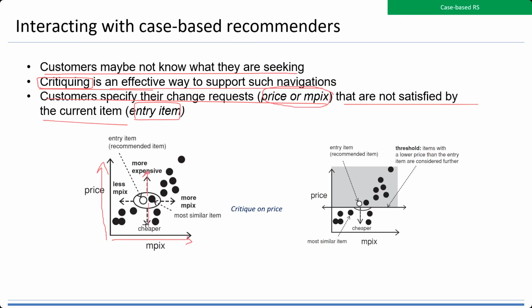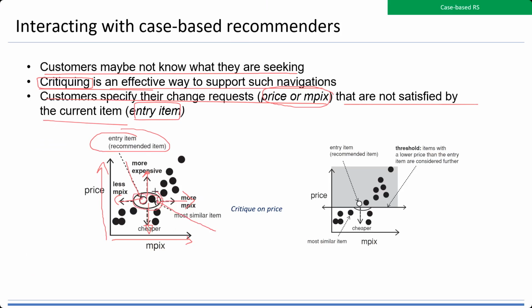If it is cheaper, it goes down. If it has more pixels, it goes to the right. If it has fewer pixels, it goes to the left. Now, what is the product that is the most similar to the user requirement? Let's say the entry item is here, the white one. And the most similar item in this case, then we can recommend this one, which is the most similar.